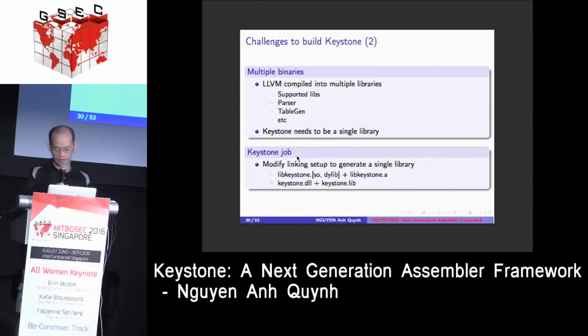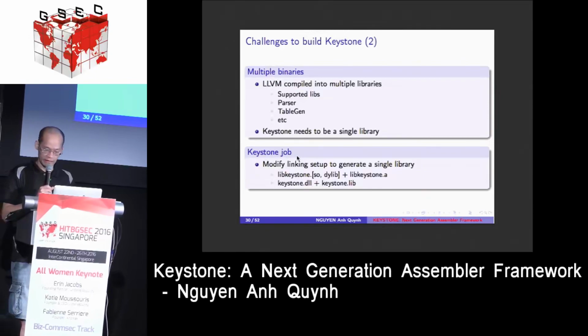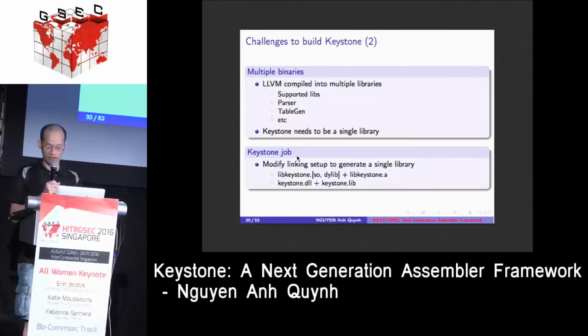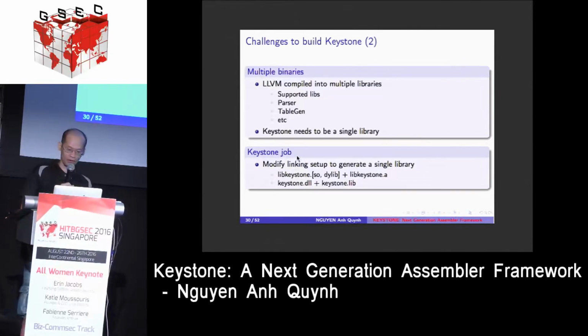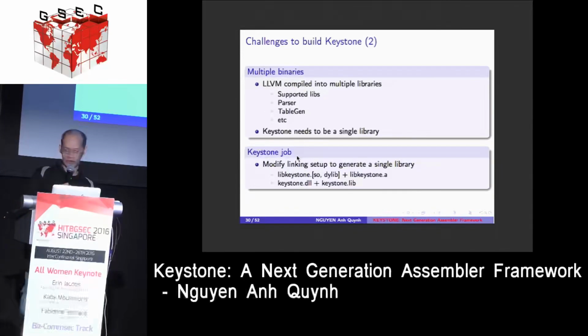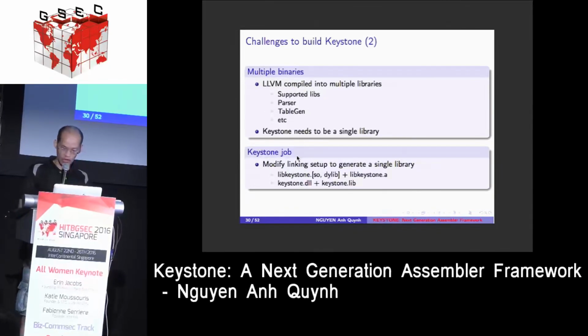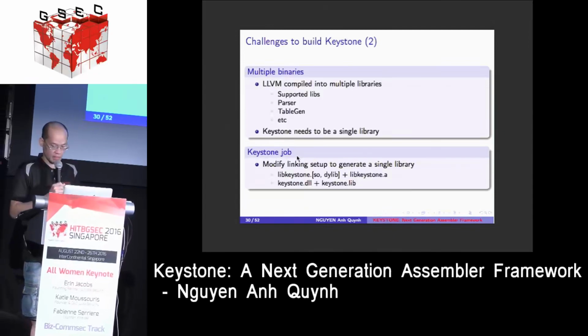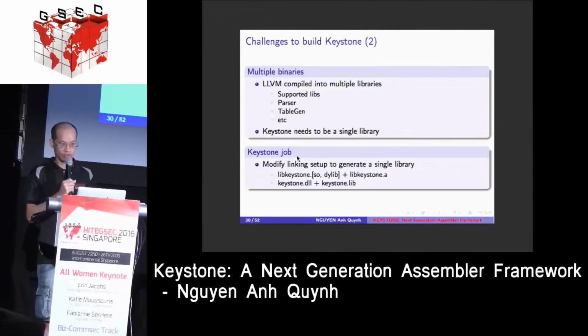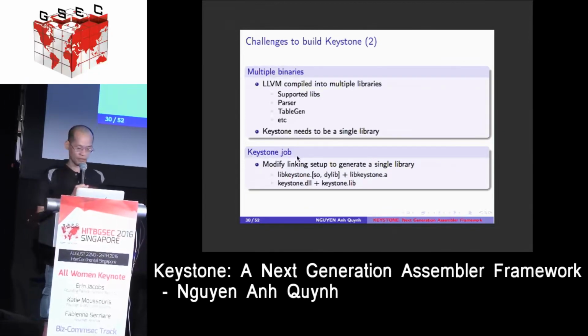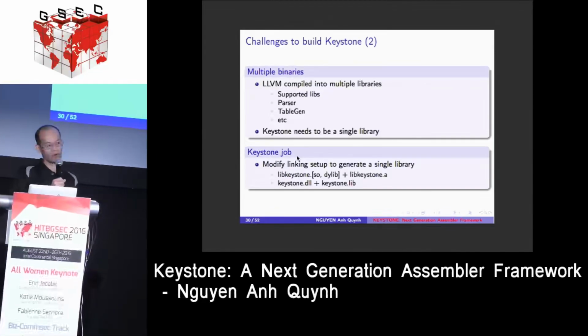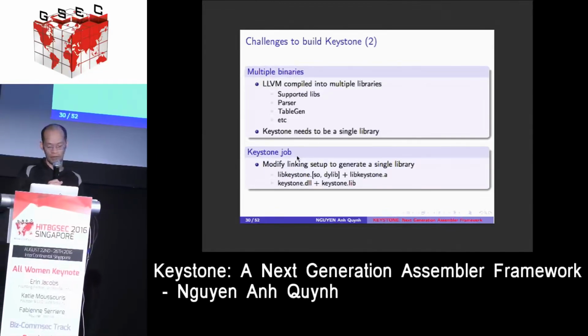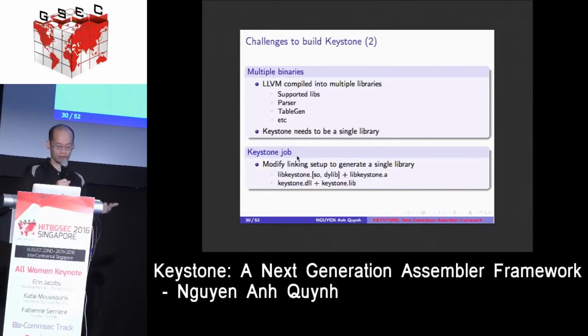So I had to modify the linking inside LLVM to finally generate a single library for Keystone. For example, for Linux or Unix, you have libkeystone.so or .dylib for shared library, and libkeystone.a for static library. For Windows, you have keystone.dll for DLL or keystone.lib for static library. So only one library like that.